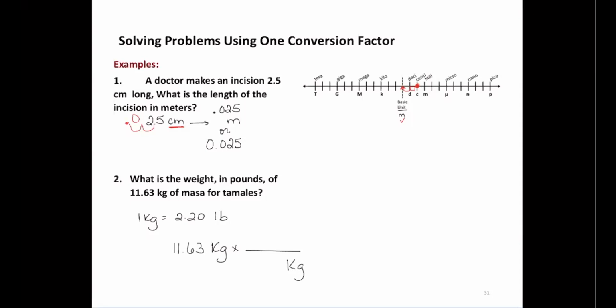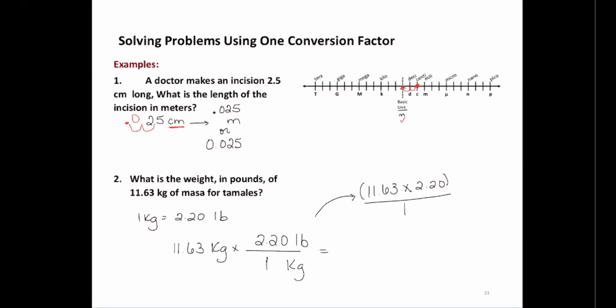I put the value next to kilograms, 1. On top of that, I put pounds, which is what 1 kilogram equals to, 2.20 pounds. So how do I enter this into my calculator? 11.63 times 2.20 divided by 1. That's how I enter it.